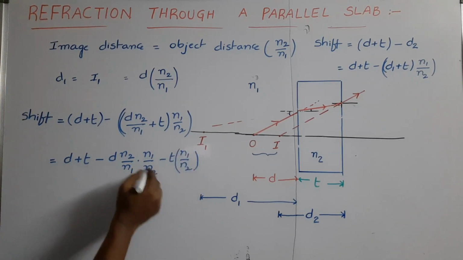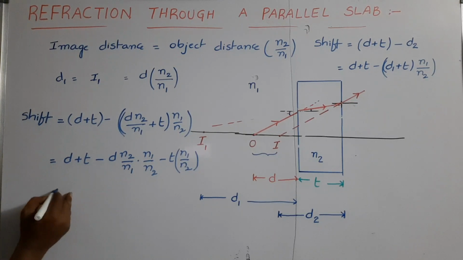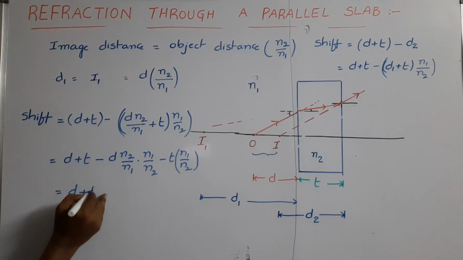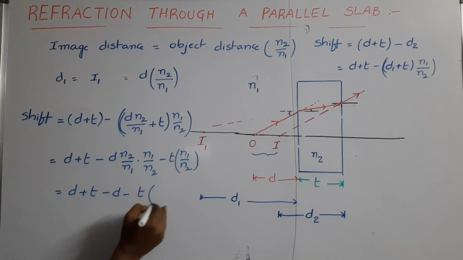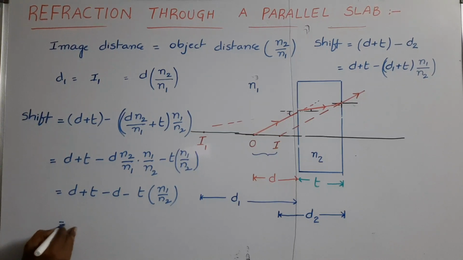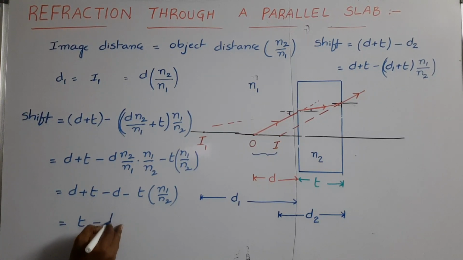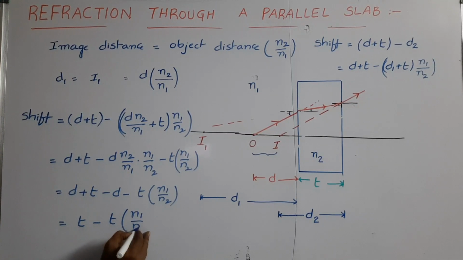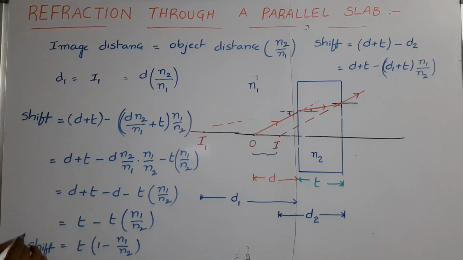N2 and N1 get cancelled. Then we get D plus T minus D into N1 by N2... Here D and D get cancelled. We have T minus T into N1 by N2. Taking T common, we get 1 minus N1 by N2. So this is the formula to calculate the shift: shift is equal to T into 1 minus N1 by N2.